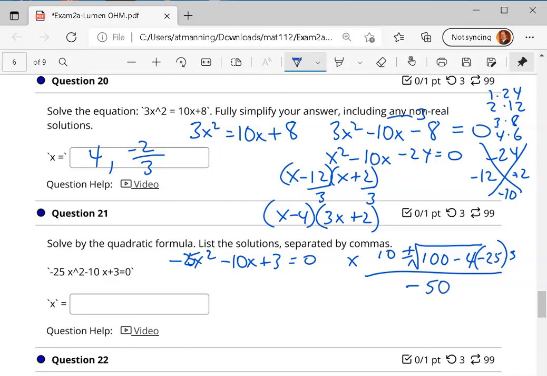Well, minus 4 times a minus 25, that's 100, that's plus 300, right?